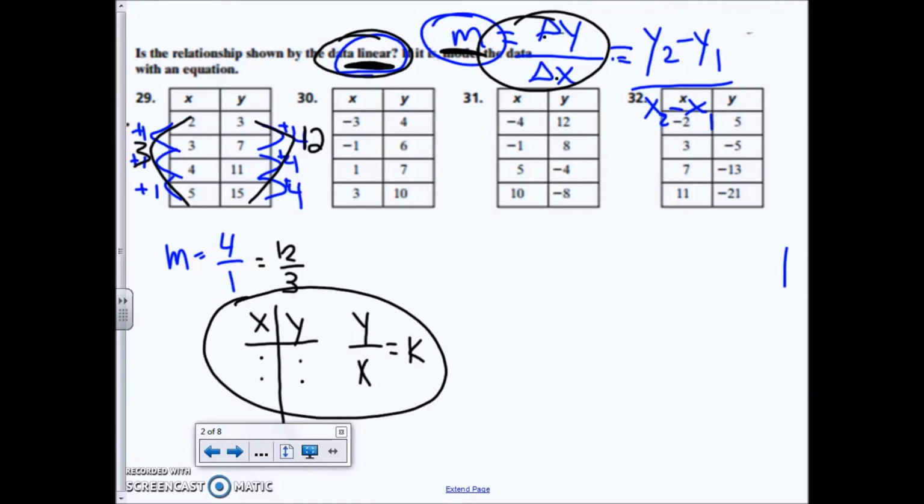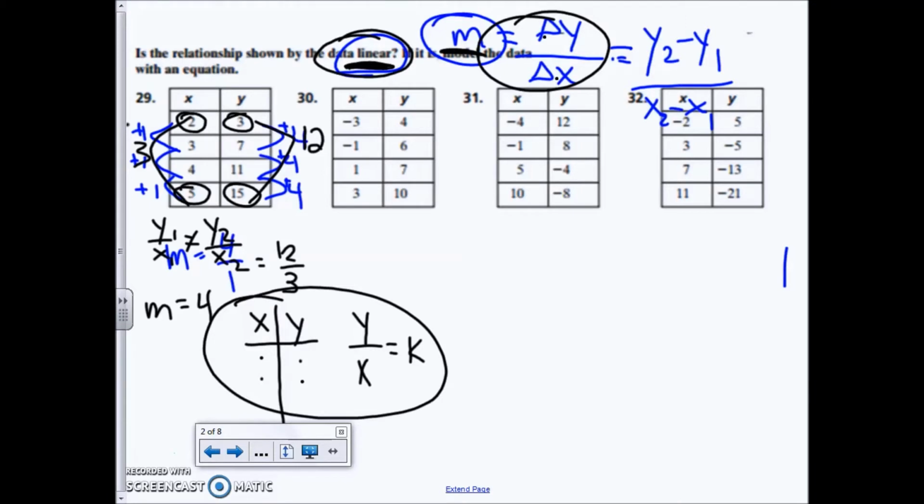Which does happen here, but it can also happen where the y's and the x's do not equal another y over another x, because 3 divided by 2 is not the same as 15 divided by 5. So that is not a direct variation, however it is linear, and we've shown that because for everything that we can see, the slope is 4.